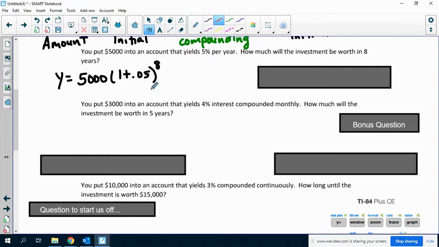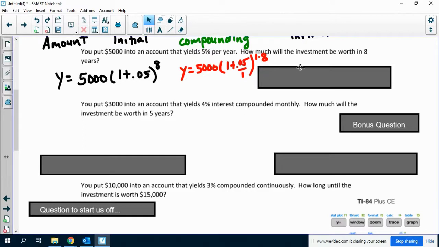You can also use the compound interest formula, because you're compounding it once, and then to the n, which is 1 times t. Notice it doesn't really change anything. If I divide by 1 and multiply by 1, nothing changes, so I can use either formula.